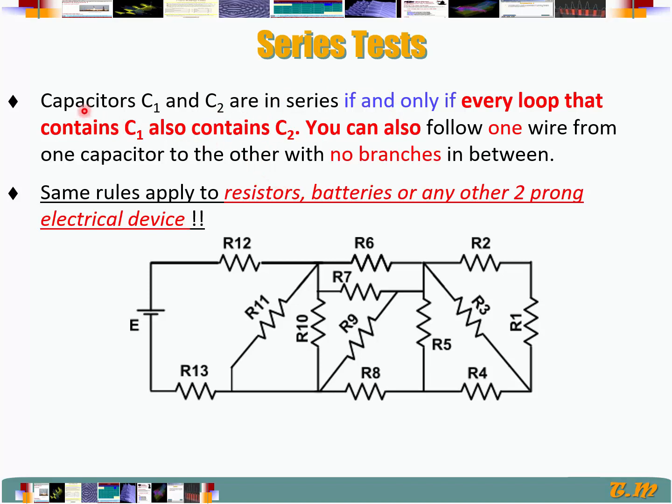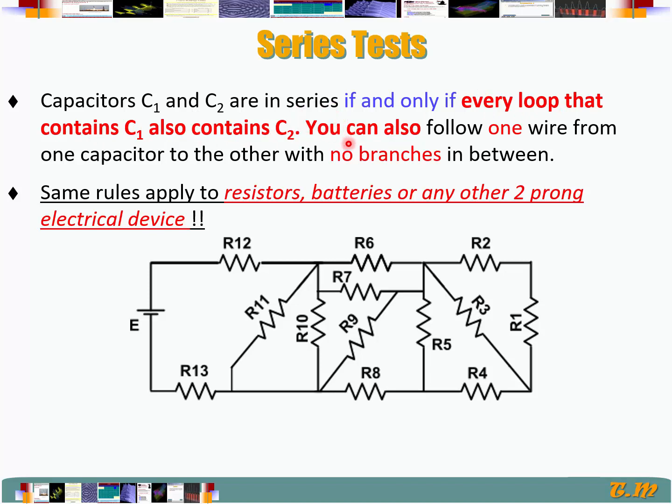The first rule, and I'm writing it here for capacitors, but even though the graphic has resistors, the same rule applies for any device, so it does not matter. So capacitors C1 and C2 are in series if and only if every loop that I can draw in the circuit that contains C1 also contains C2.